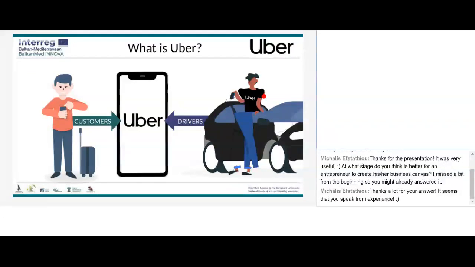It's a mobile application, basically service based. Uber is a cab service, or taxi application, let's say, but it doesn't own any taxis. It's just a platform that connects the customers to the drivers, some of them professionals, some of them not.